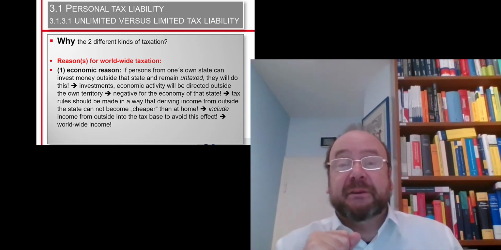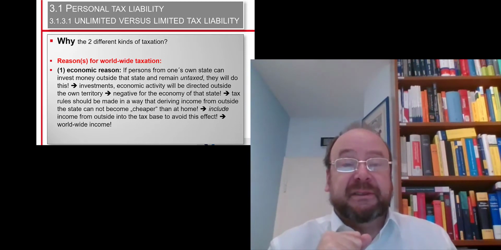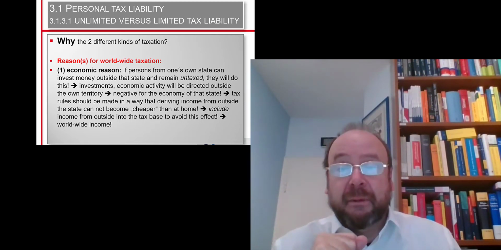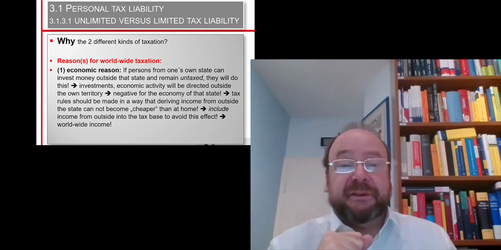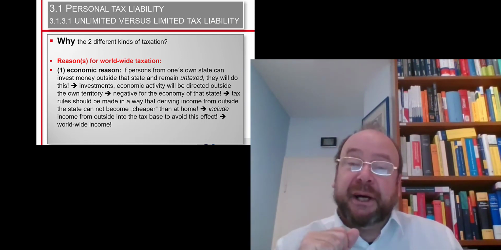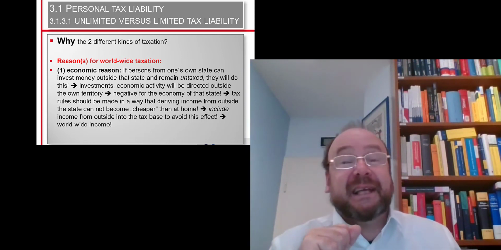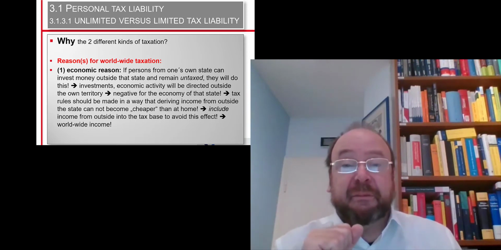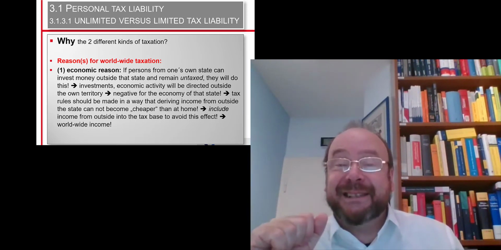So that is the rule or the reason from international law. So limited and unlimited taxation just follow from the general principle: no state is allowed to apply its laws to something which has absolutely no connection, neither by person nor by event, to that state's territory.